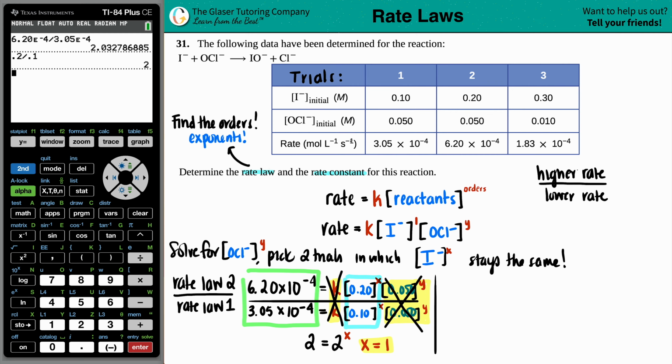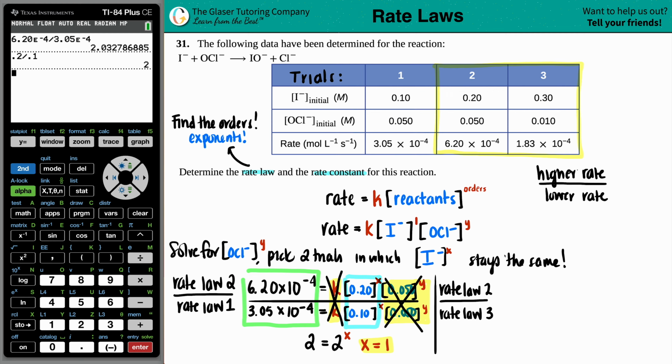So I guess maybe we'll do 2 and 3. If you want, you could do 3 and 1 and see if we get the same exponent. Higher rate over lower rate. 6.2 is higher than 1.83, so I'm going to do rate law 2 divided by rate law 3.